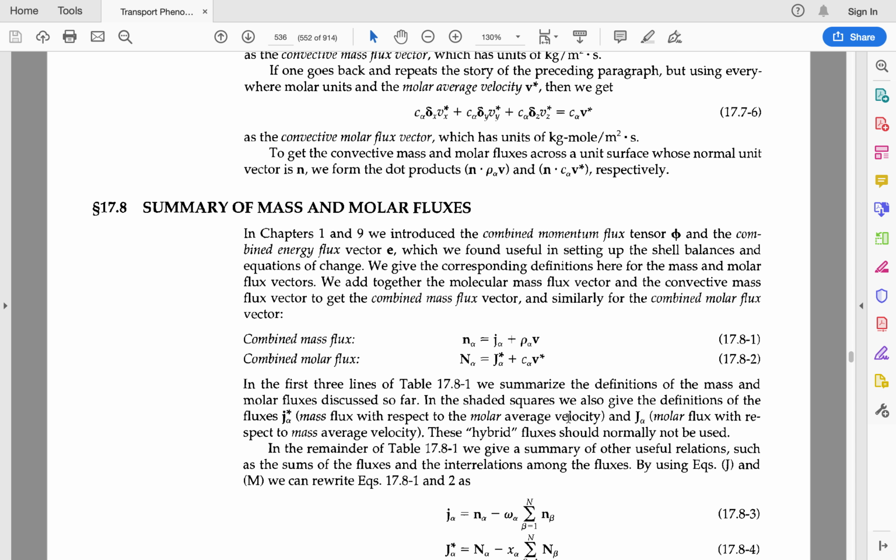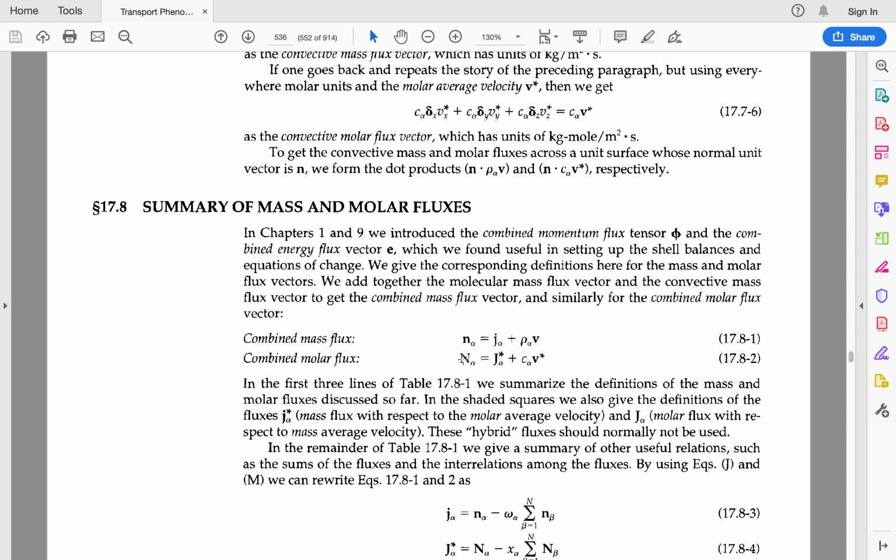So we have learned there is j_A, the molecular mass flux, and also there is a convective mass flux, rho_alpha multiplied with V. The combined mass flux we call small n_alpha.